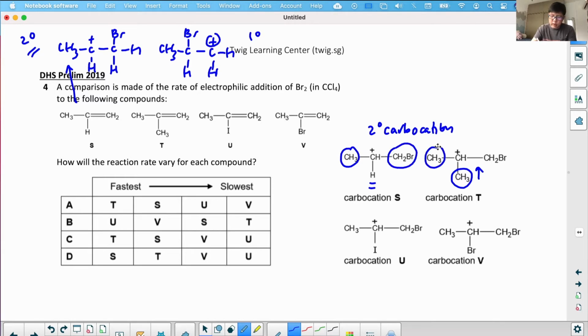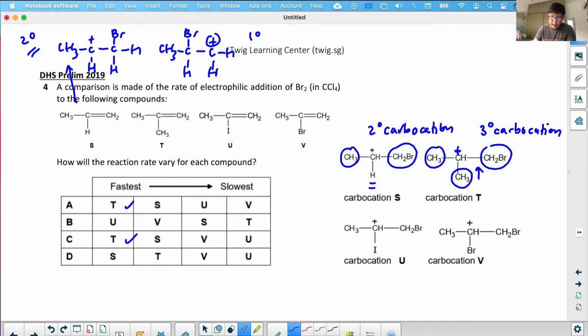This one is a tertiary carbocation. Tertiary carbocation is more stable because of the additional electron donating group that will help to disperse the positive charge. So to me, T should be the most stable, so this will be the fastest. So I'm going to put this too.